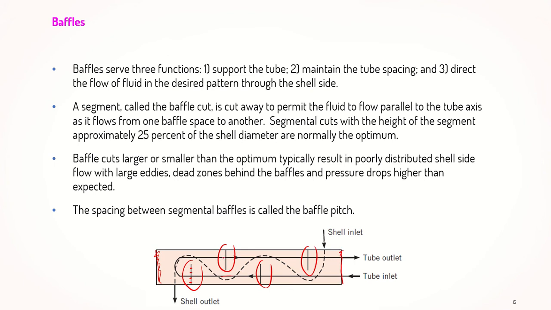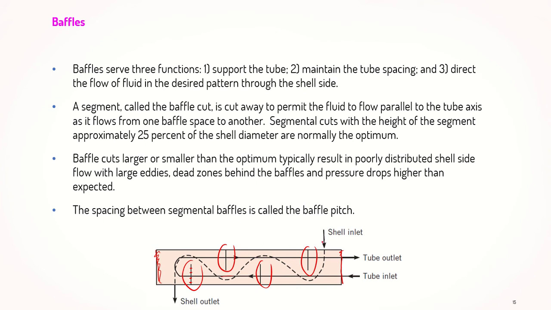So this would be a baffle. The baffle will support or hold the tubes in their position, and the second function is to maintain the tube spacing. It's a bit similar to the first one, so it holds the tubes firmly. And the third one would be to direct the flow.